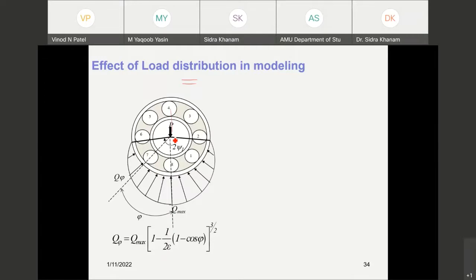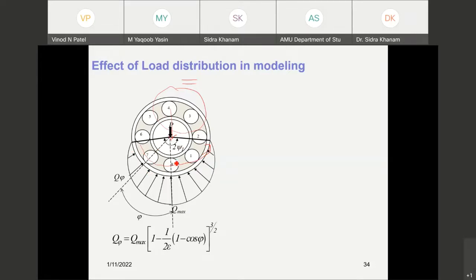Suppose a downward force P is acting over here. In that case, some number of balls are under heavy loading condition, while the remaining balls are not. So the distribution of the load is given in this particular way.